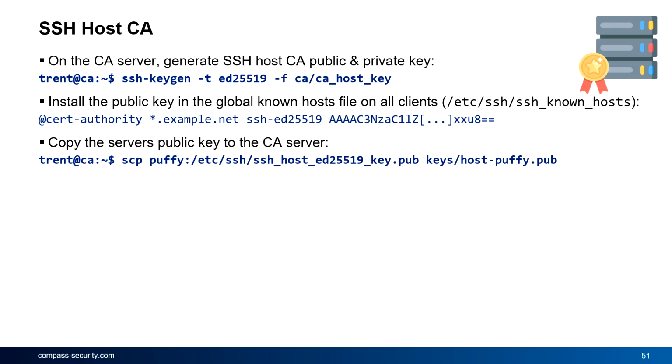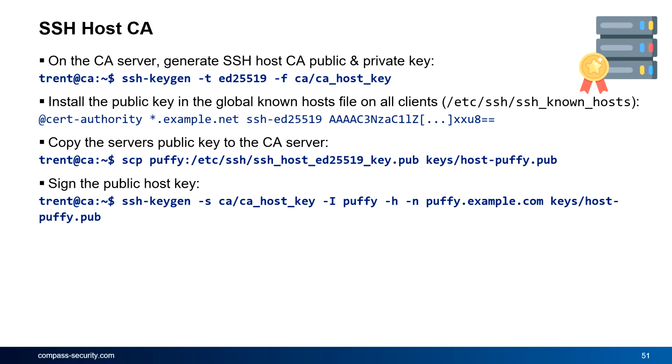So this is everything from the client side. Then if you now want to sign a public key of a server, you have to copy this public key to the CA somehow. In this case, I did it using SCP, but you can also do it via copy and paste in the terminal or other means. So in the end, you have the public key of the servers on your CA, and then you sign this public key. This can again be done using the ssh-keygen command.